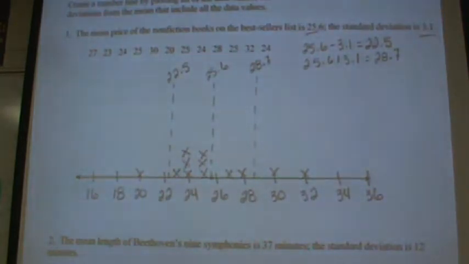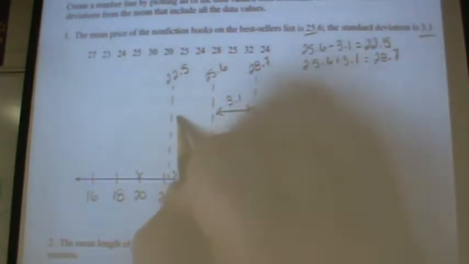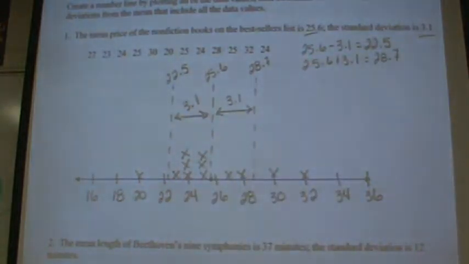This is 28.7. This is 22.5. And remember, these are both 3.1 away from your mean. So that's one standard deviation.